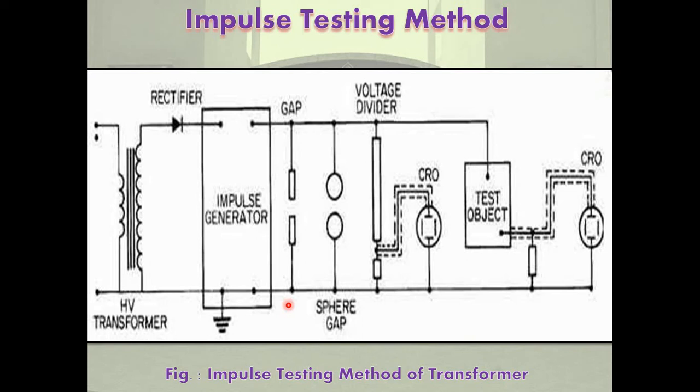The sphere gap consists of two metal spheres of equal diameter D, with their shanks, operating gear, insulating support, supporting frames, and leads up to the point at which the voltage is to be measured. The standard values of diameter D are recommended by the IEC specification. IEC means International Electrotechnical Commission.